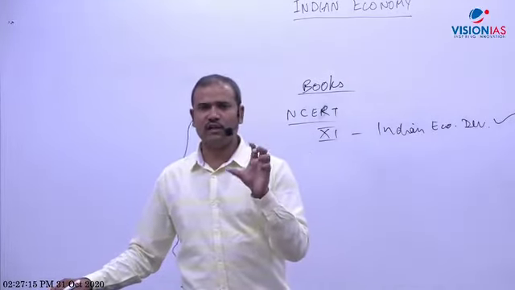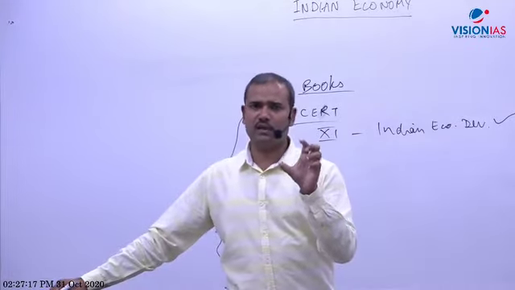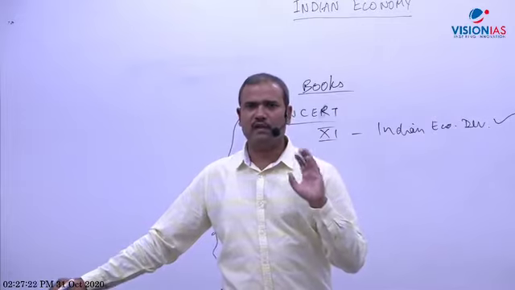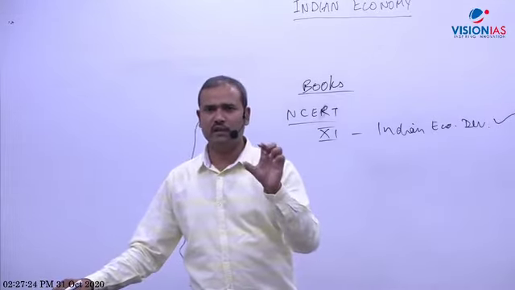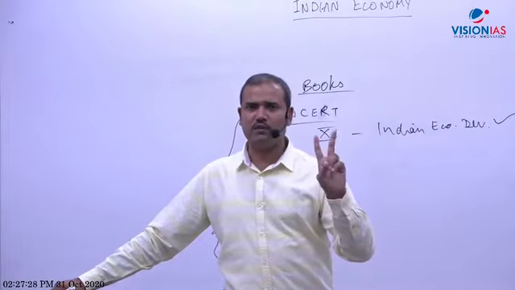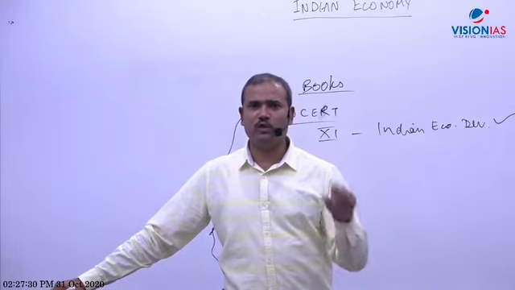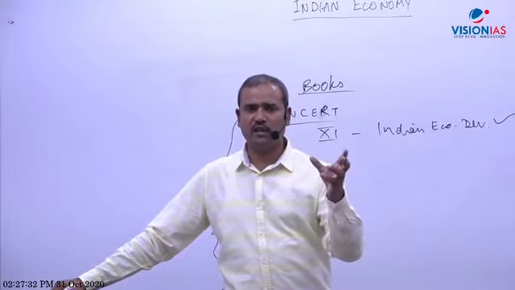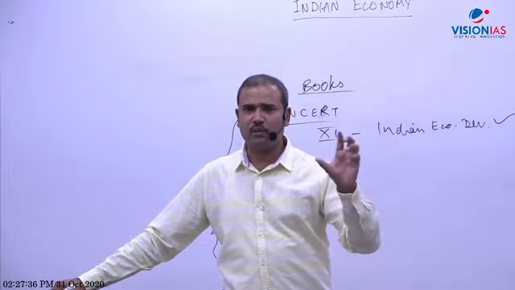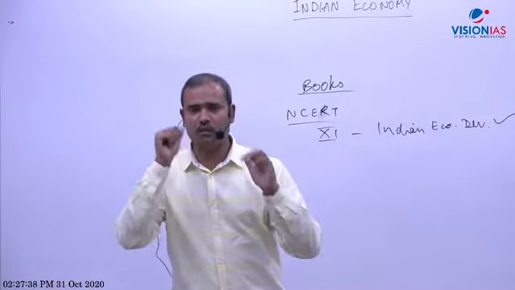Out of that, usually 9 or 10 questions are from economy, almost half the paper, 45 to 50%. Apart from that, normally 2 questions come in paper 2 as well, because it has international organizations, education, health topics and some governance topics, so there is some intermingling in governance also.